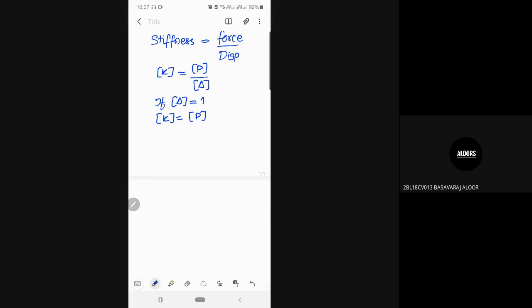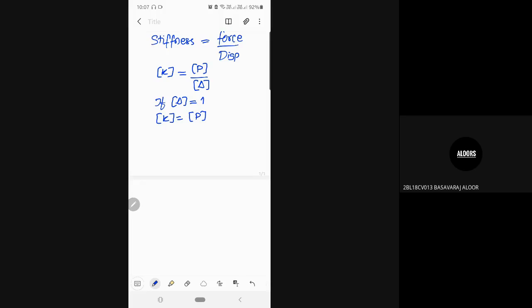What does it mean? Stiffness is directly the force required to give unit displacement. For unit displacement, how much is the force required? That itself is the stiffness. So stiffness is a force matrix. Clear?